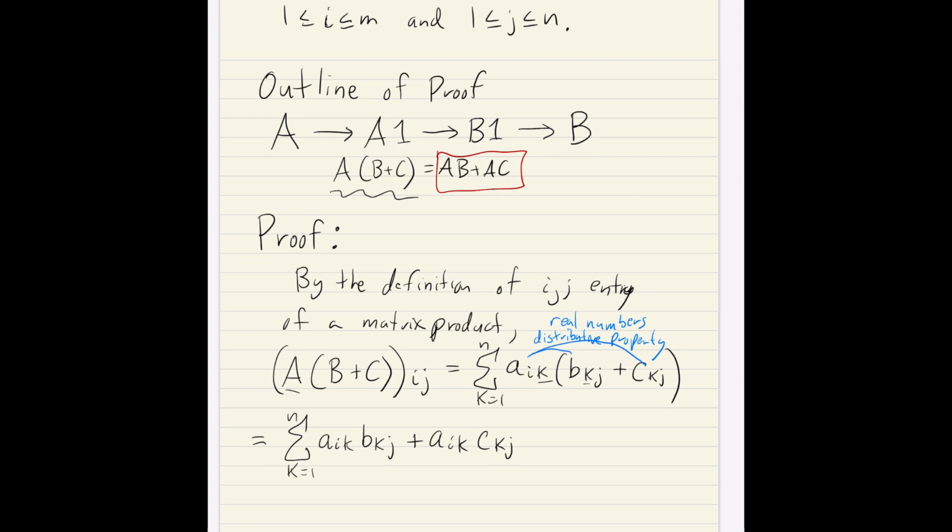Okay, now it's starting to look almost like the right-hand side over here. So I've just turned it into the ij form, and now I basically just have to turn this into AB plus AC, and then we know, because the equal signs are there, that they're going to be the same. We can do something with a sum like this. We can split the sum. Splitting the sum means we break it up into two parts.